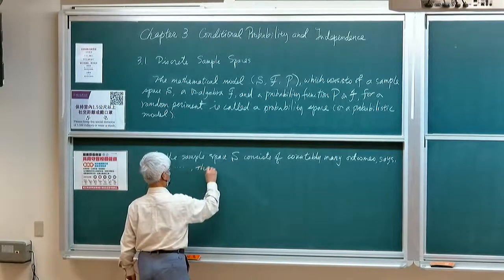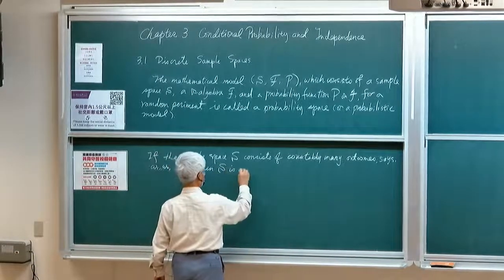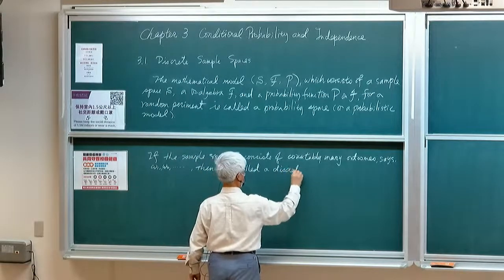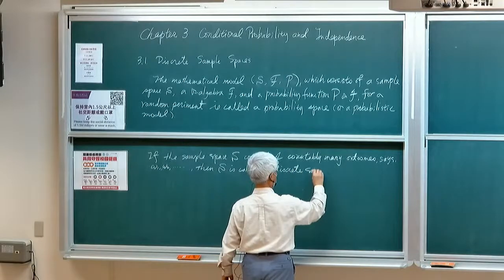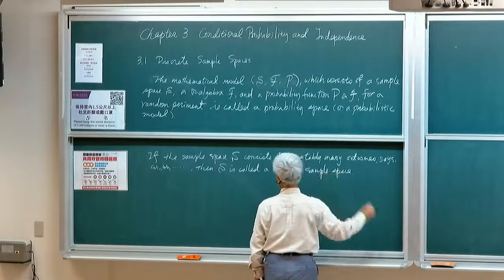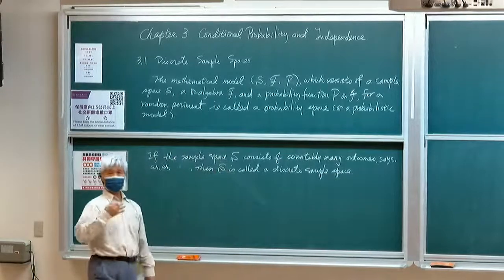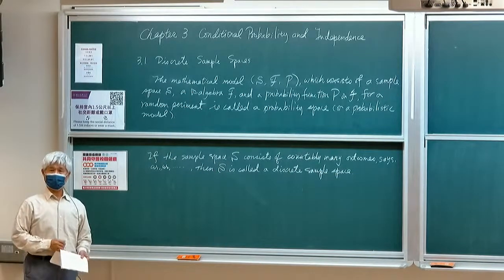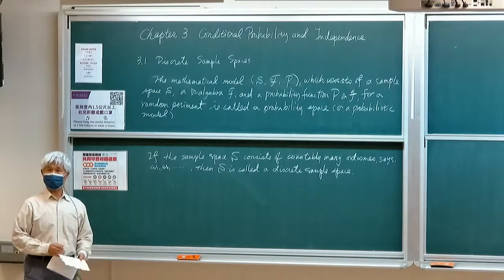Then X is called a discrete sample space. Right? So this is what we encountered in most of the examples in chapter 2.